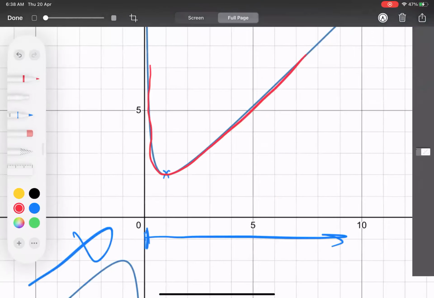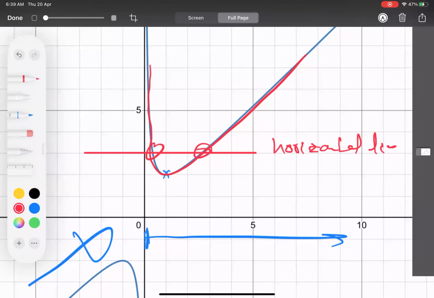And any curve which turns is not a 1-to-1 function, it has no inverse, because when I draw a horizontal line, this is called the horizontal line test, it cuts the curve at 2 spots. When 2 spots are cut, it has no inverse because it is not a 1-to-1 function.